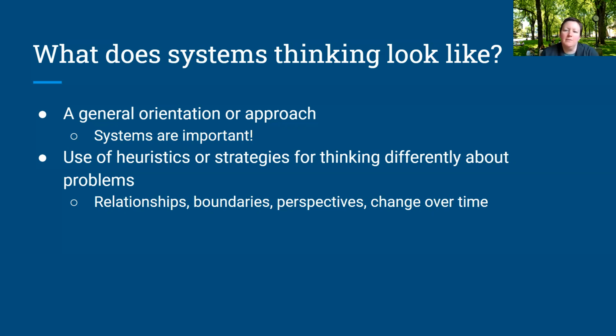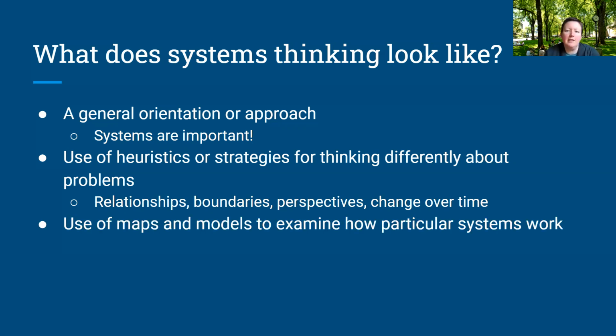So this could be strategies to help you see how things are interrelated: what the boundaries of the system are, how people have different perspectives depending on how they're positioned in the system, and how systems change. An example of a heuristic is the iceberg model.